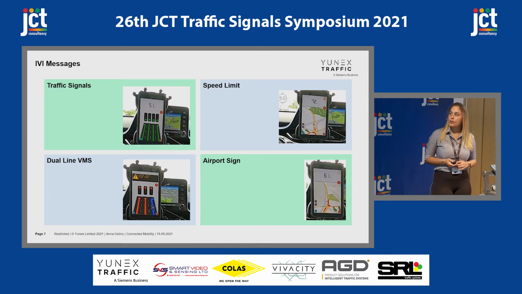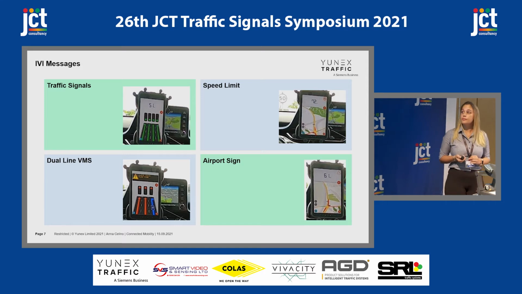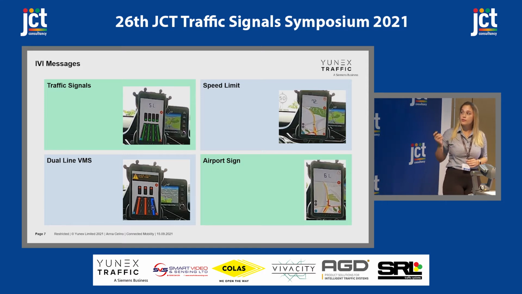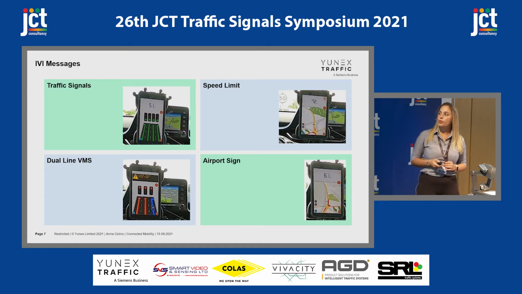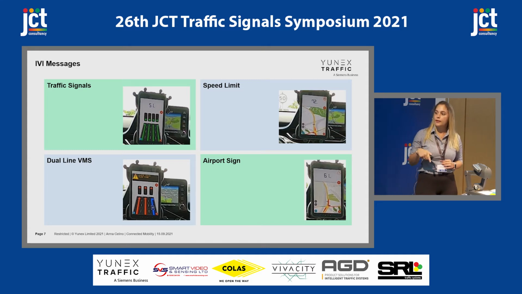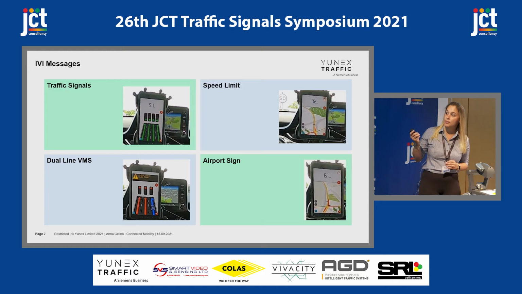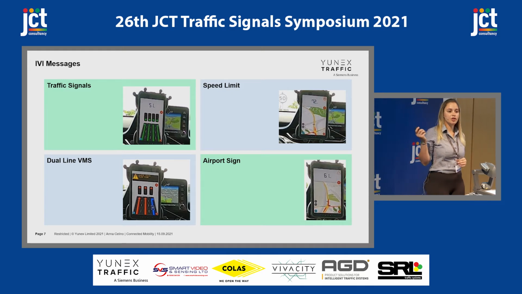The other part of our scope was the IVI messages. For this project specifically, we deliver 4 types of IVI messages, the first being the traffic signals ones. Once the OBU approaches the vicinity of the map area, you can receive the traffic signals in the HMI, which is a human-machine interface.